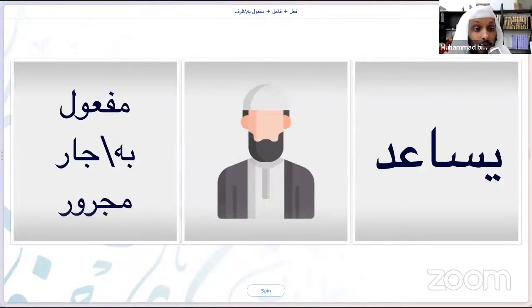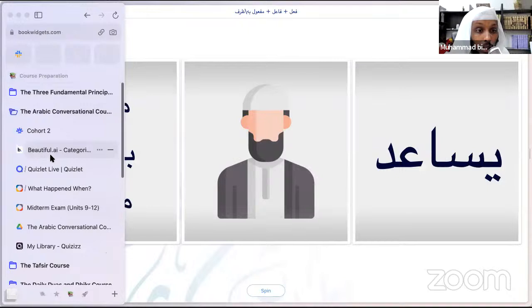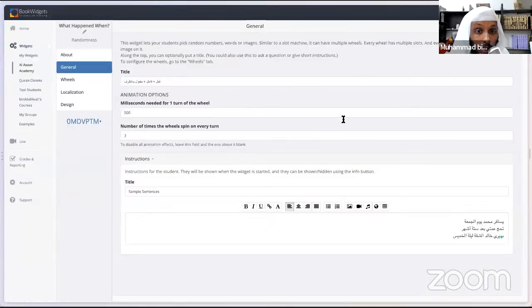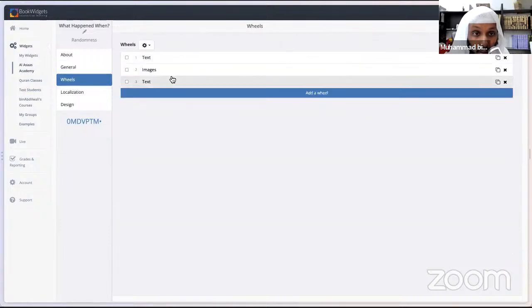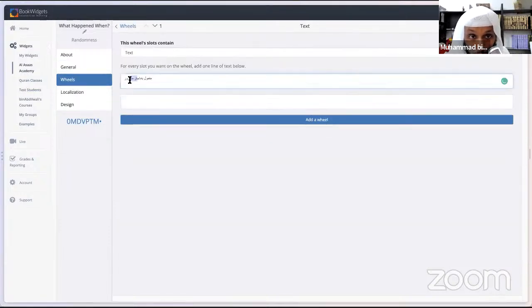It seems like there's a problem. I'm fixing this. Okay, this jar majroor should say ظرف. You can either use ظرف or you can use jar majroor in order to denote when the verb happened, okay?